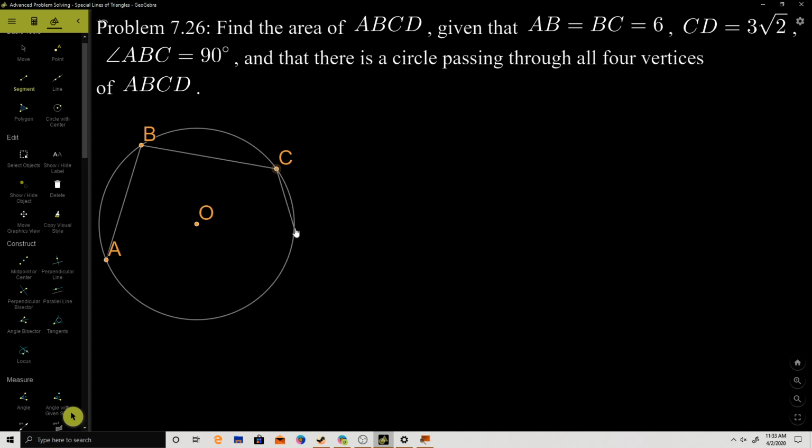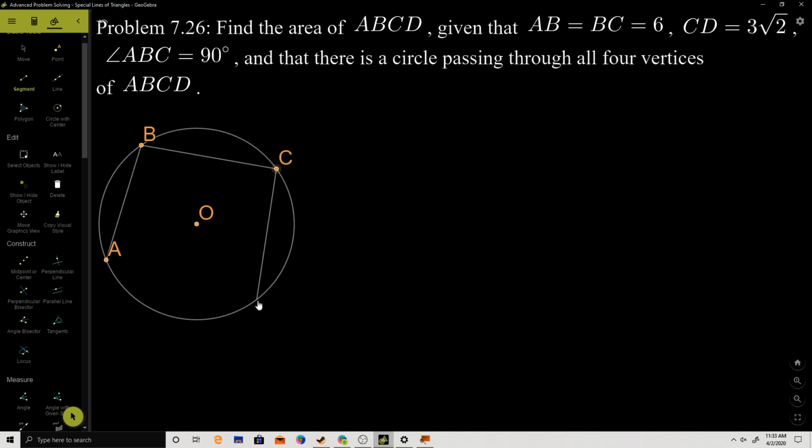Now it says quadrilateral ABCD, which is just some sort of four-sided figure. So it doesn't really specify if it's a square or a rectangle, so we just kind of have to do some guesswork with that.